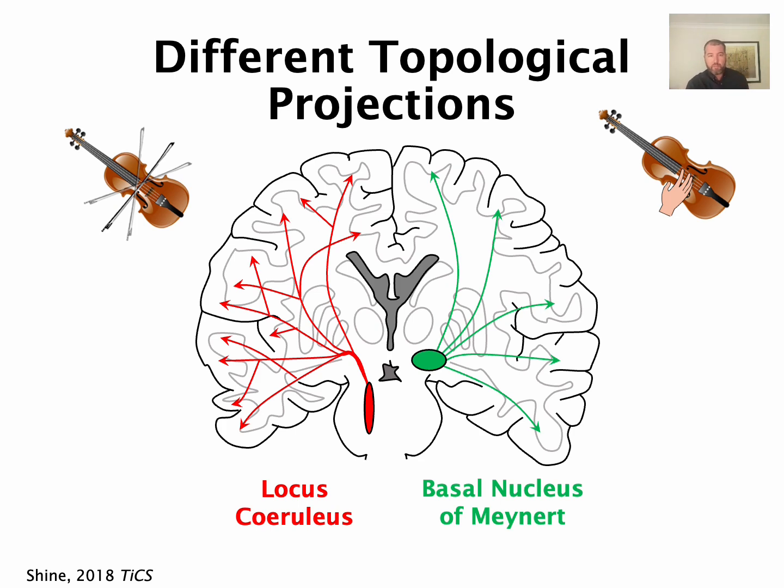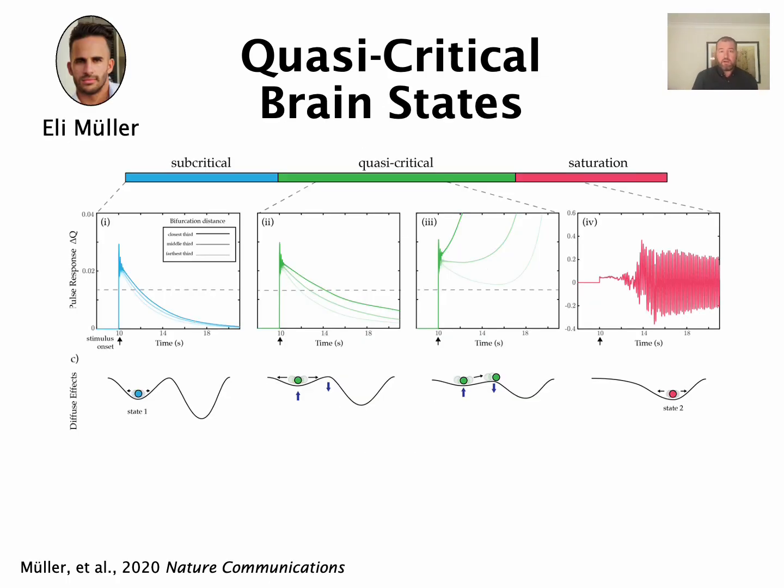In some previous modeling work, a really brilliant postdoc in my lab, Eli Muller, created what's called a neural mass model to try to understand the impact of changing these kinds of broad, diffuse projection patterns onto a working model of typical brain dynamics.